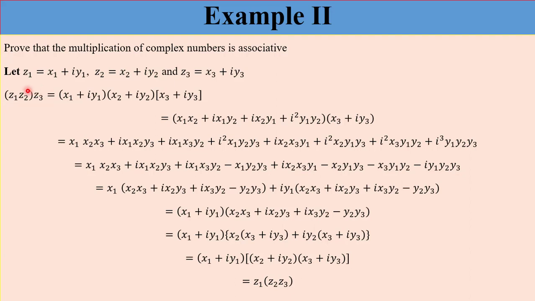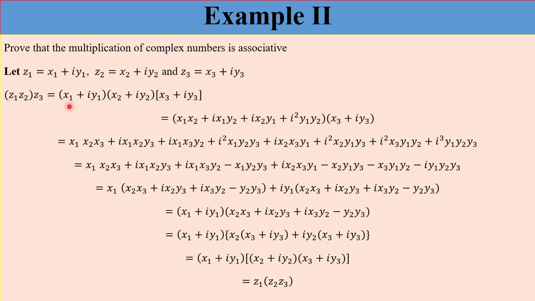So our task is to prove that (z1 z2) z3 is equal to z1 into (z2 z3). So let's begin. So here we shall have z1, which is x1 plus iy1, into z2, which is x2 plus iy2, then times z3, which is x3 plus iy3.